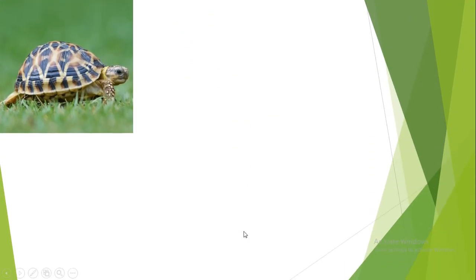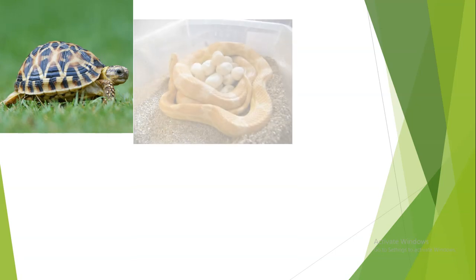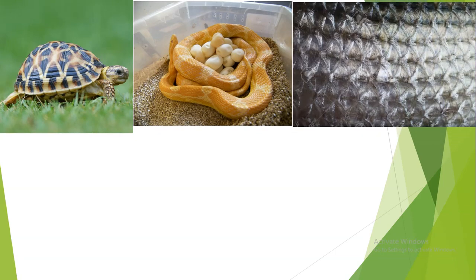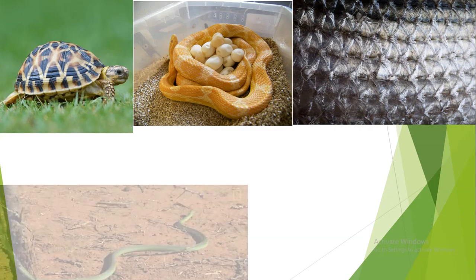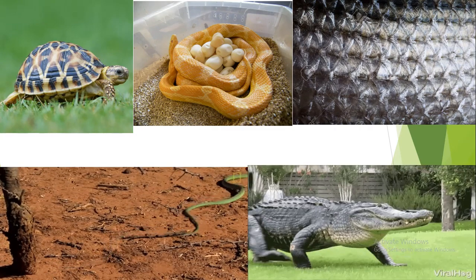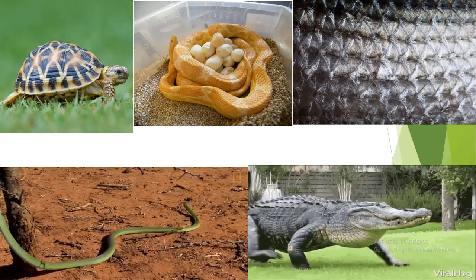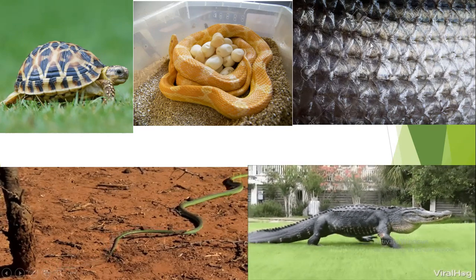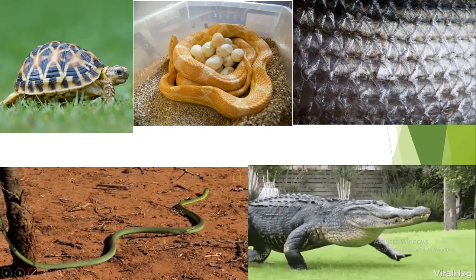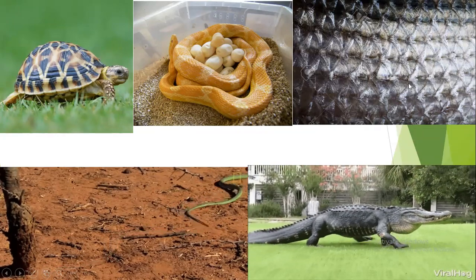Now to the last group of vertebrate animals, reptiles. These are examples of reptiles: turtle, snake, and crocodiles. A reptile is a vertebrate that has dry, scaly skin.